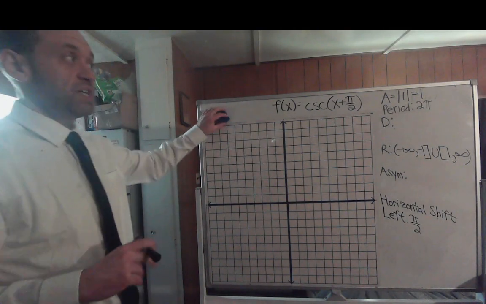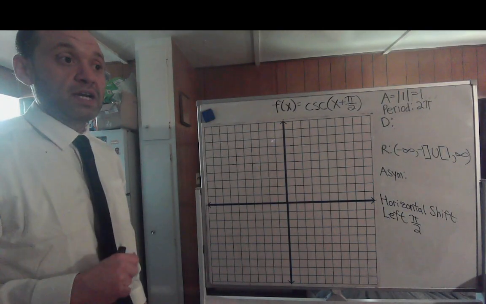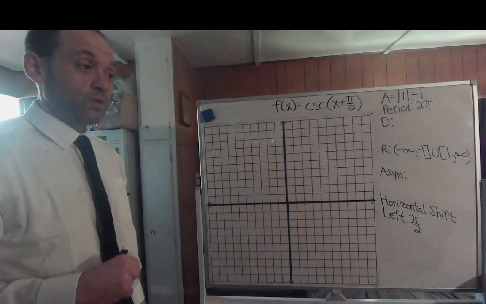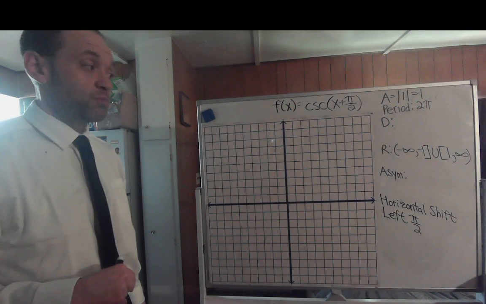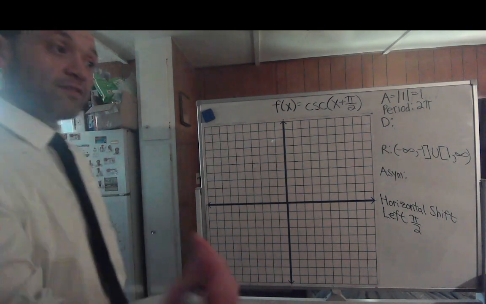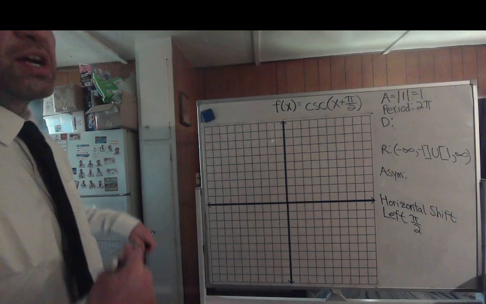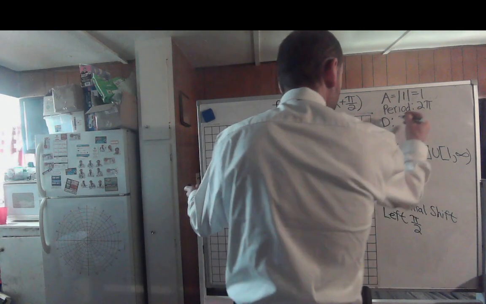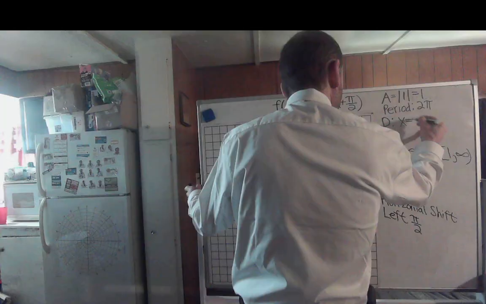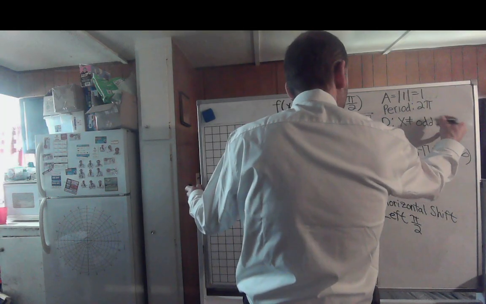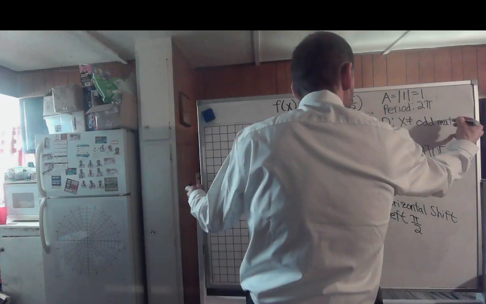Where is the cosecant of x normally undefined? It's normally going to be undefined at integer multiples of pi. But if you shift everything to the left pi over 2, you're going to get odd multiples of pi over 2. So x cannot equal those odd multiples of pi over 2 this time.